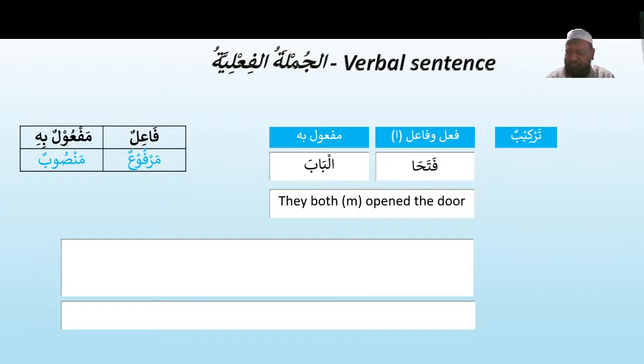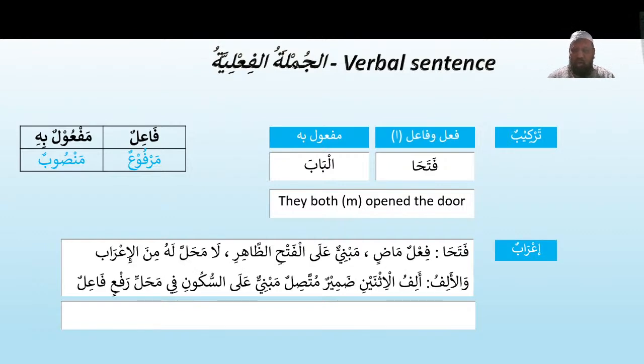Fatahal baba. So the i'rab will be: fataha, فعل ماض مبني على الفتح الظاهر, because we can still see the fatha apparent on the ha, لا محل له من الإعراب.